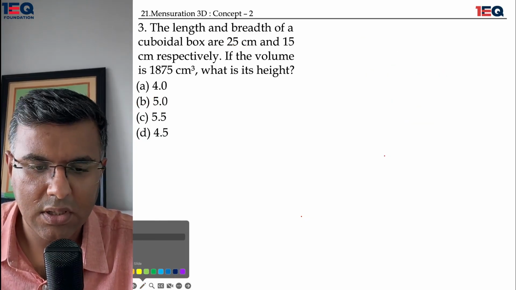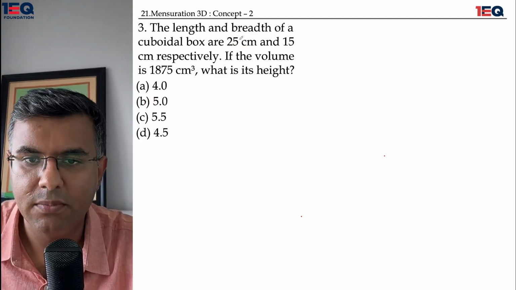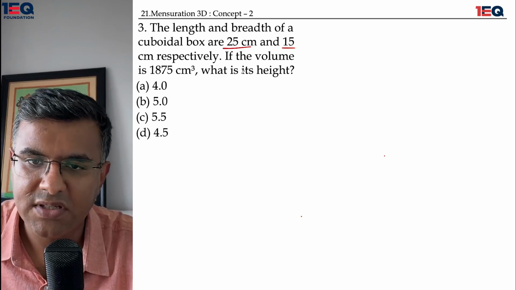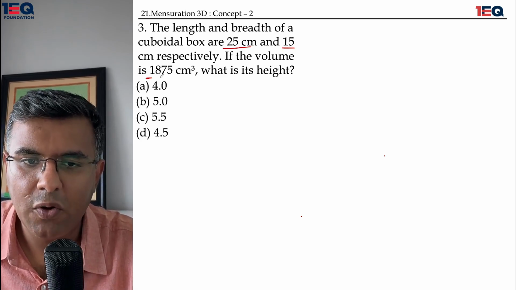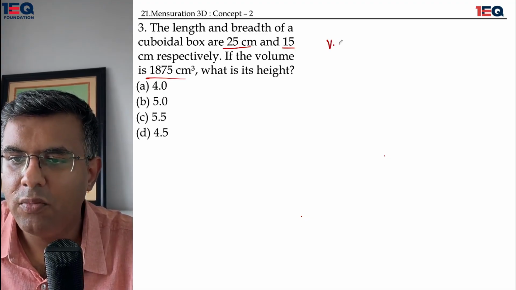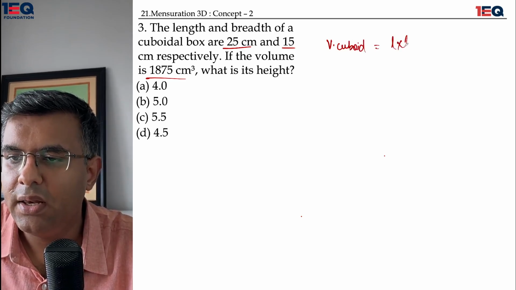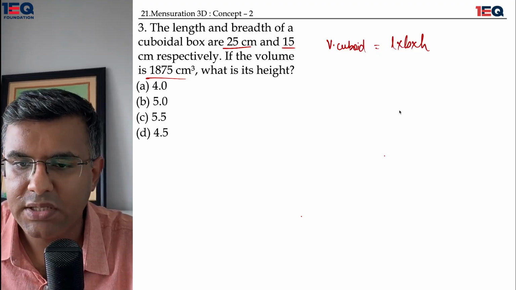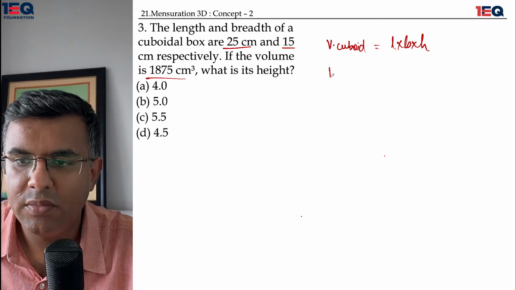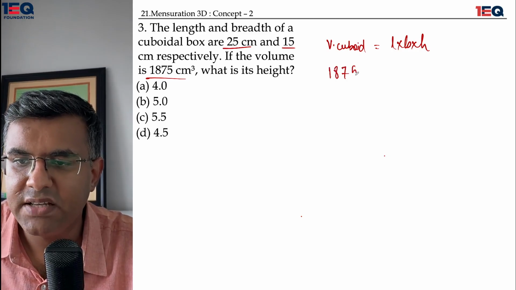So yes, this is the question we were talking about. We have the length and breadth of a cuboidal box available with us, and we have the volume as 1875. We need to find out the height. The volume of a cuboid is equal to L into B into H. The volume is 1875.